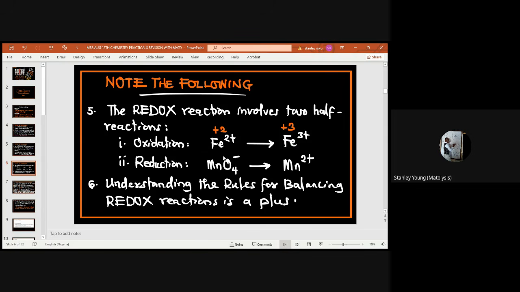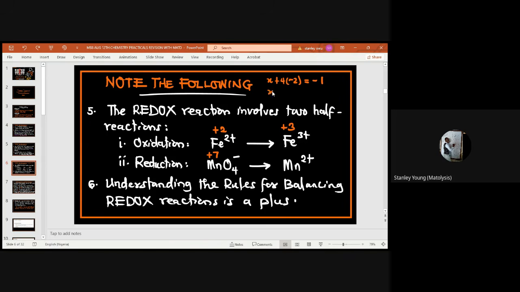And in the permanganate ion, the oxidation number of manganese is +7. How do you know that? You can simply call it X. Oxygen has a -2. So we have 4 times -2. Then you can equate these to -1, being the negative one on top of the permanganate ion.